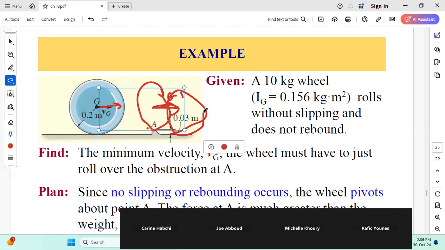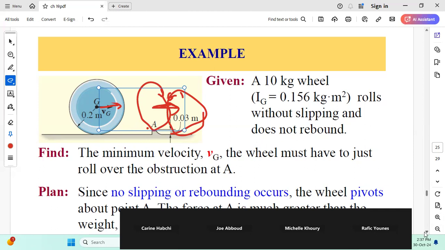So no loss of contact with A. In order to analyze this problem, we need to divide it into steps, a translation step and a rotation step.